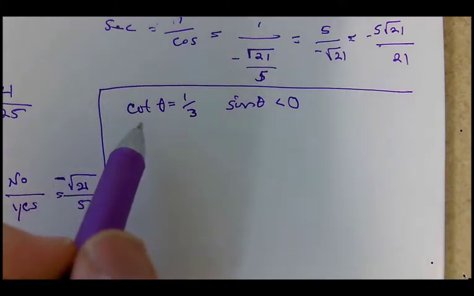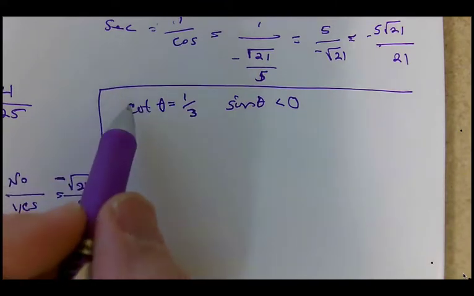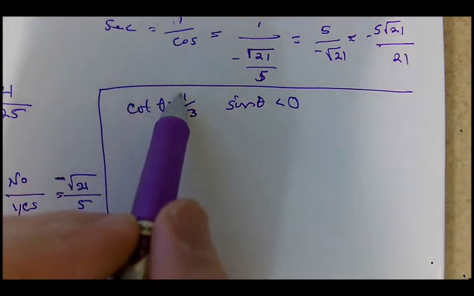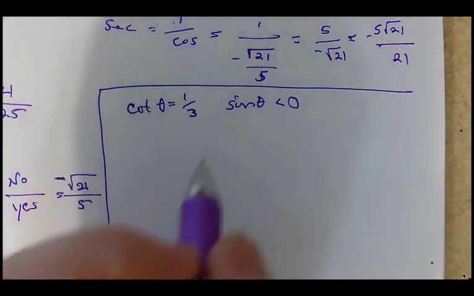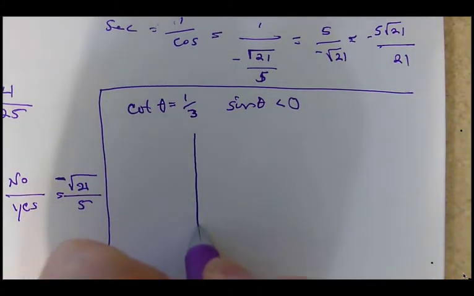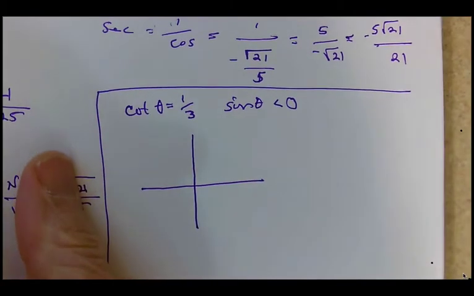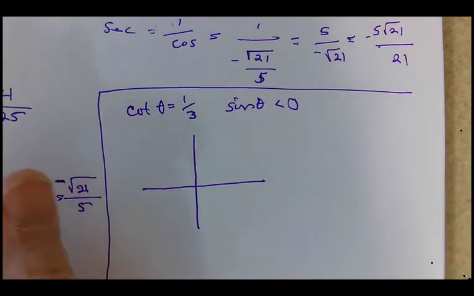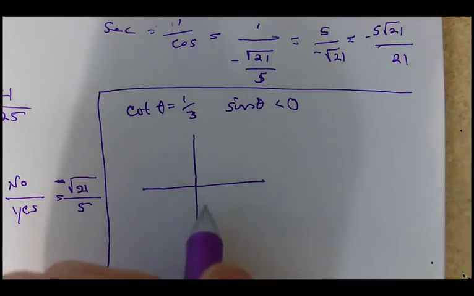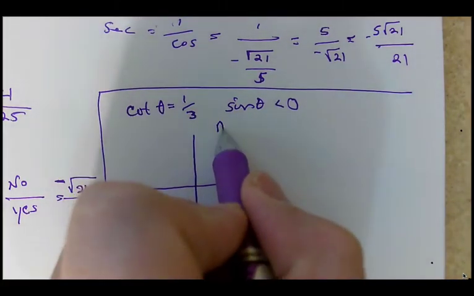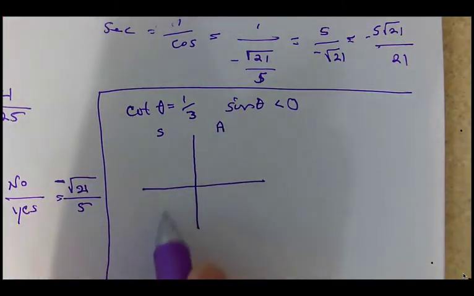Since we know that we're in cotangent and we're at a positive 1/3, we know that if we drew our triangle, we know if we drew our coordinate system. Remember, all science teachers are crazy.